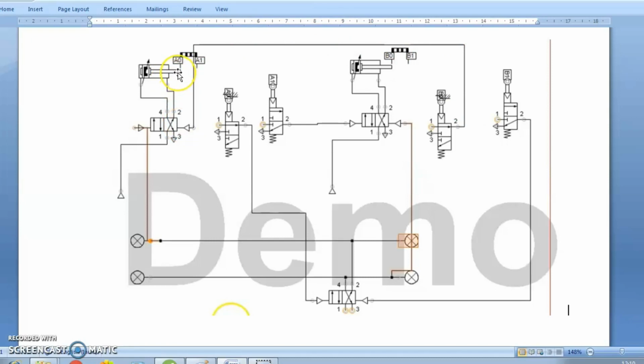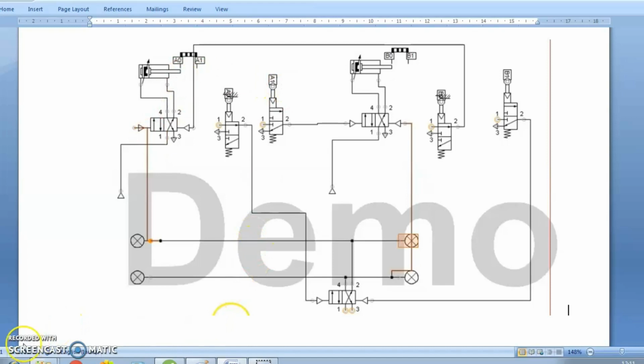So B minus and A minus is done. So again it comes to the cascade valve. Now again the procedure is repeated: A extends, B extends, then B returns, then A returns. One cycle is completed.